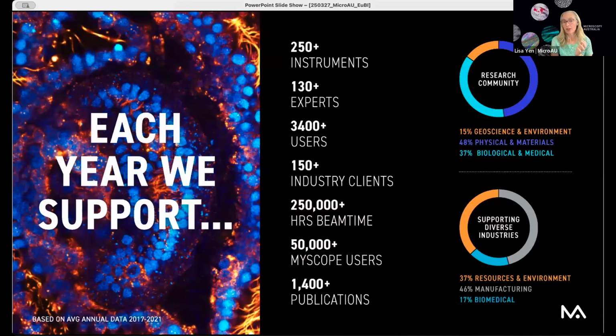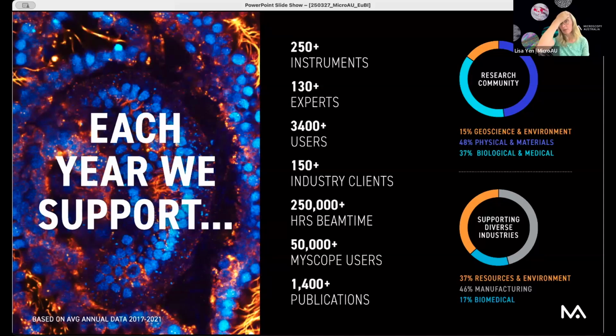So just maybe a little bit of context in terms of the user communities that we're supporting. We have over 250 instruments. In fact, I think it's now probably over 300 instruments, around 130 staff in those 9 facilities, and supporting well over 3,500 users now as well. We've seen some pretty significant increases after the pandemic of researchers coming through our facilities.